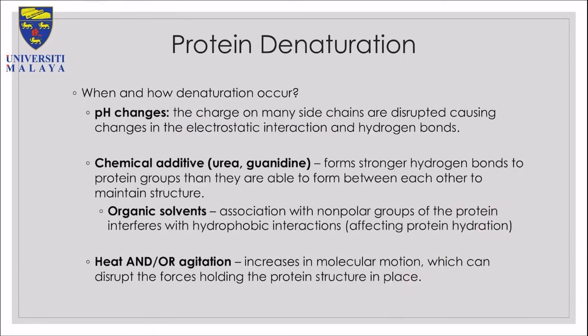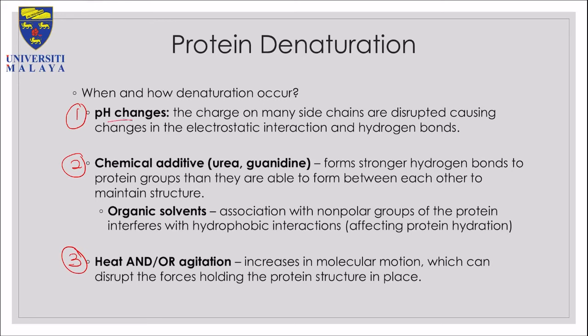Okay. All right. So how can you denature protein? Basically, there are three main ways by which denaturation can occur. The first one is pH change. As you know, certain amino acids have their own charges, right? Based on the tertiary structure slide that I showed you at the beginning of the lecture, what you see is that there are a lot of forces that play a critical role in holding the structure intact.